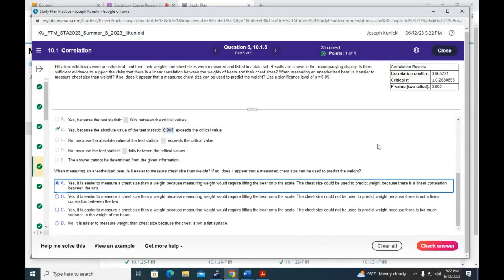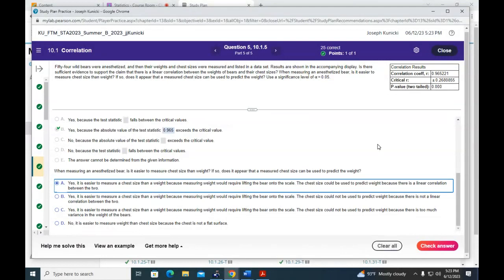Well, this is the idea. You don't want to go around anesthetizing and lifting bears. You do enough to update your data, but you can't do it all the time. So you take pictures and you know the size of rocks or trees next to the bear.